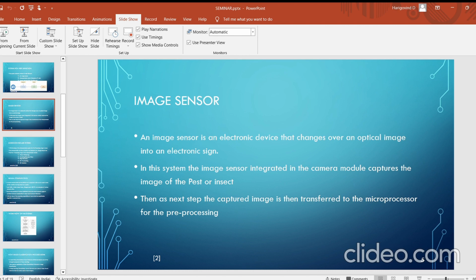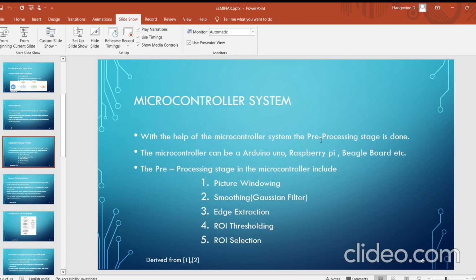As the next step, the image captured by the image sensor is transferred to the microcontroller for pre-processing. The microcontroller system is also an important module.